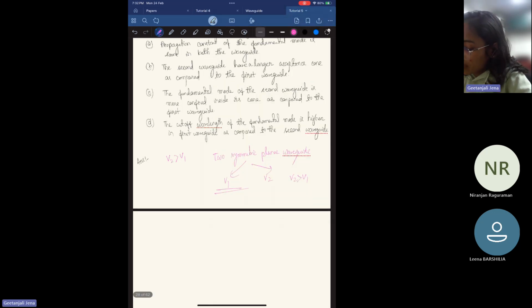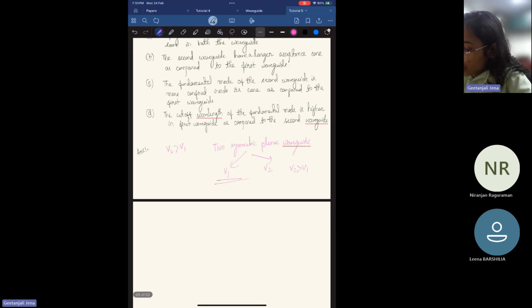So the V parameters are such that the first symmetric waveguide supports only one mode. So that will be a fundamental mode, TE0. Let us say its propagation constant is β01. And for the second, it supports two modes. That means it will be TE0 and TE1.